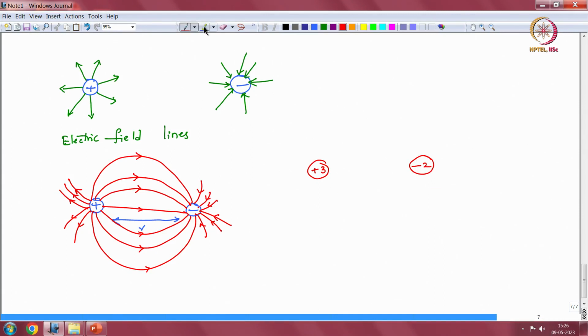In order to find the field lines, just consider a test charge. Assume that one test charge is here. Okay. With respect to distance, which one is near? This is the test charge q. With respect to the negative -2, it is closer. So, -2 is dominant. So, we will see attraction.